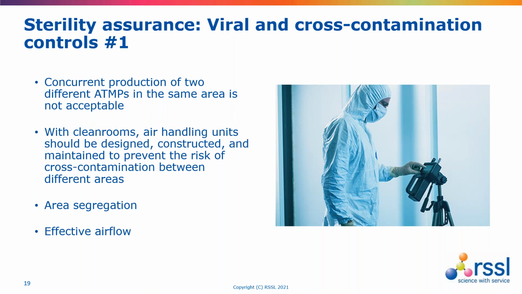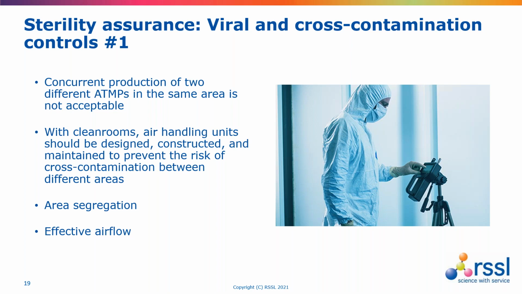And across the whole facility, it's important that the air handling units are designed, constructed and maintained in order to prevent or to avoid the cross-contamination occurring between different areas of the manufacturing system. And also having a positive pressure cascade.